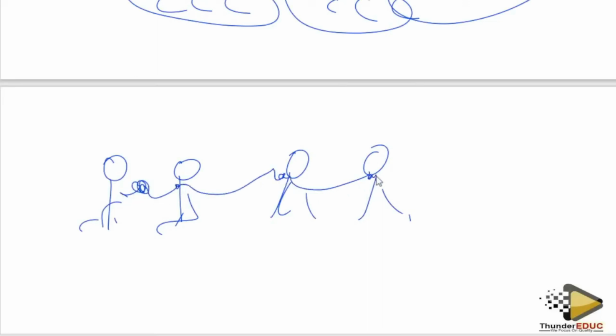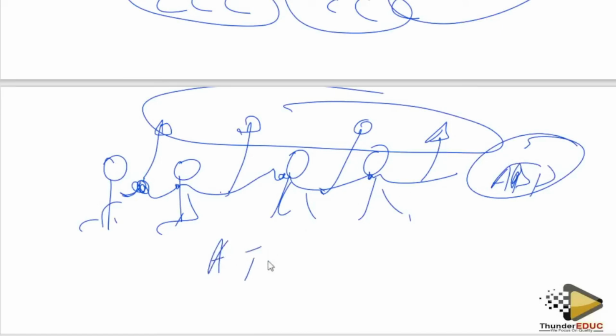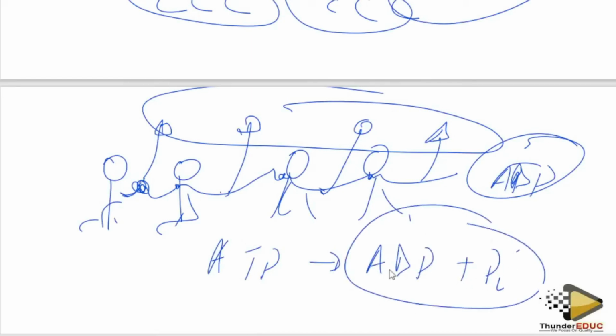As each one gives the ball, something is lost. What is lost here is the energy, which is called ATP. ATP comes from ADP plus an inorganic phosphate. So ADP is adenosine diphosphate.